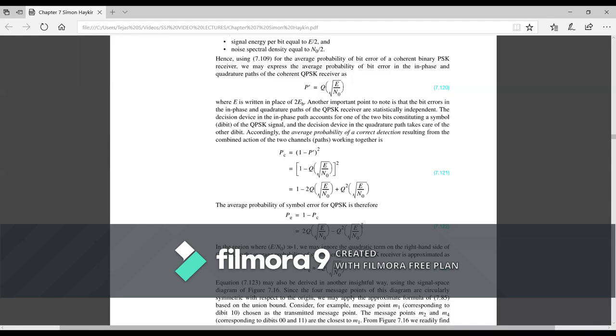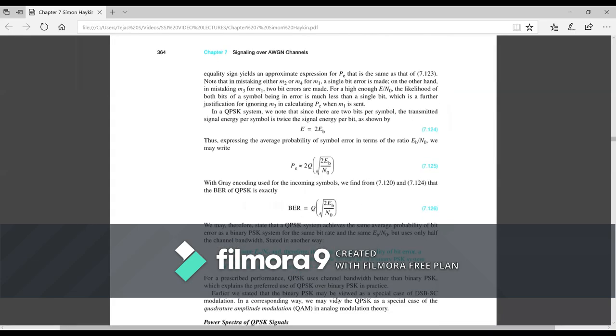But I am ignoring the Q square term because E by N0 is very much greater than 1, so I can ignore the second term. My probability of error will be approximately 2Q of root of E by N0, where E is equal to 2 Eb. So a QPSK system achieves the same average probability of bit error as a BPSK system for the same bit rate and the same E by N0, but uses only half the channel bandwidth. That is the specialty or advantage of a QPSK system.